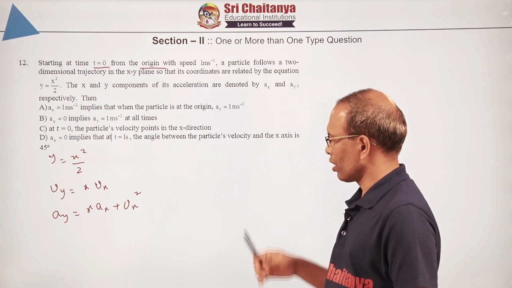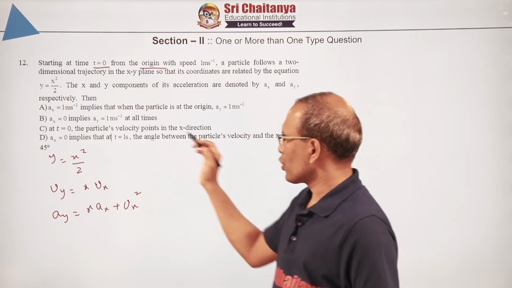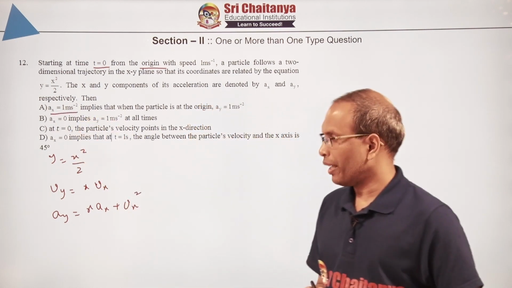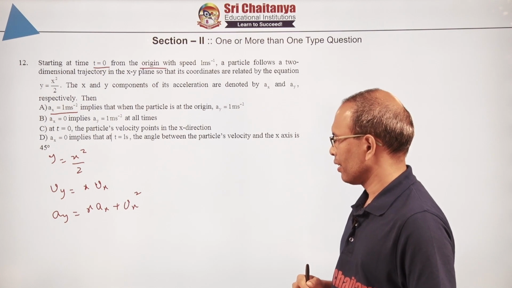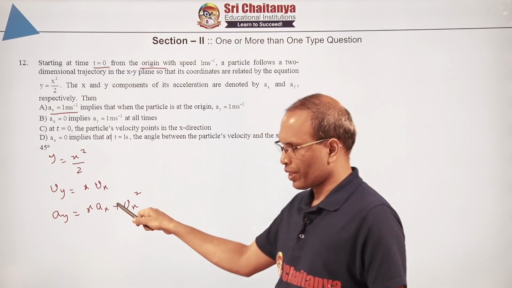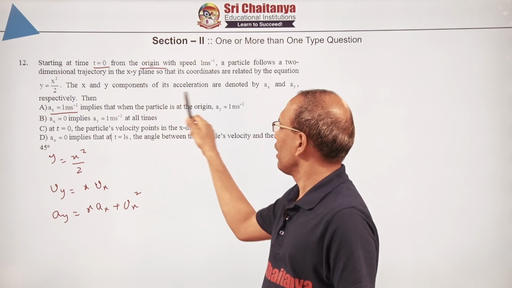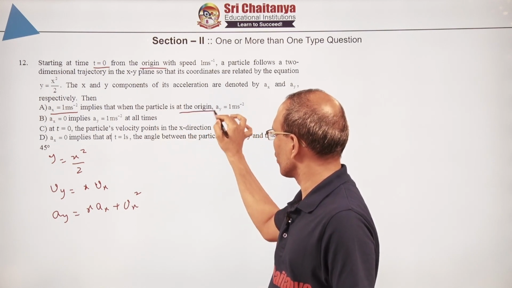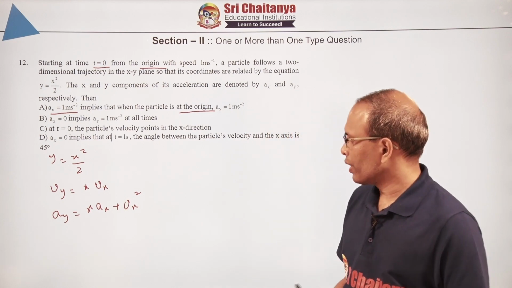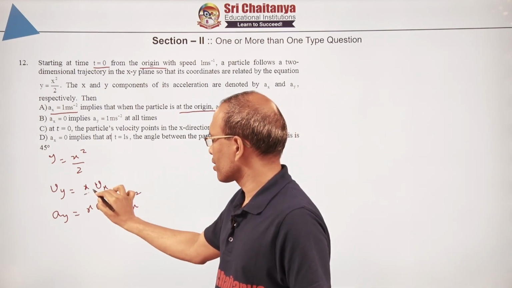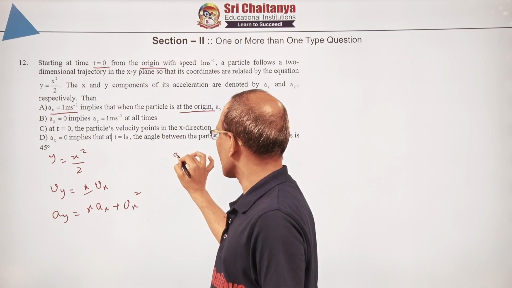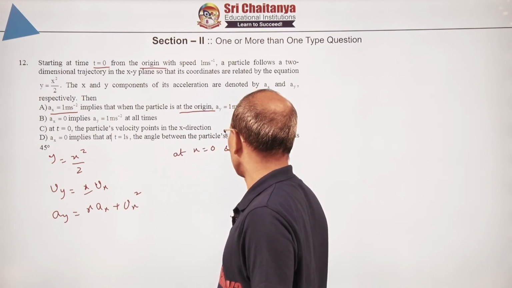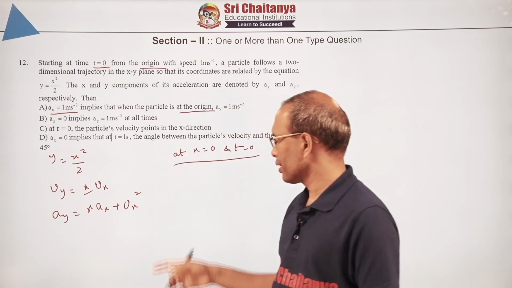Now look at each option. The first option says ax equal to 1 meter per second square implies that ay is 1 meter per second square at the origin. Suppose ax is 1 m/s squared, what is the value of ay when the particle is at origin? When the particle is at origin, what is the value of x? 0, at x equal to 0 and t equal to 0. What can you write?